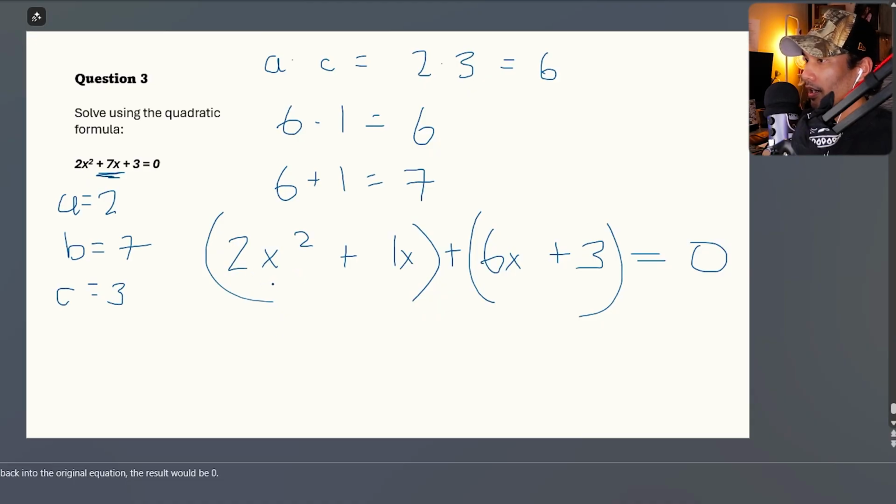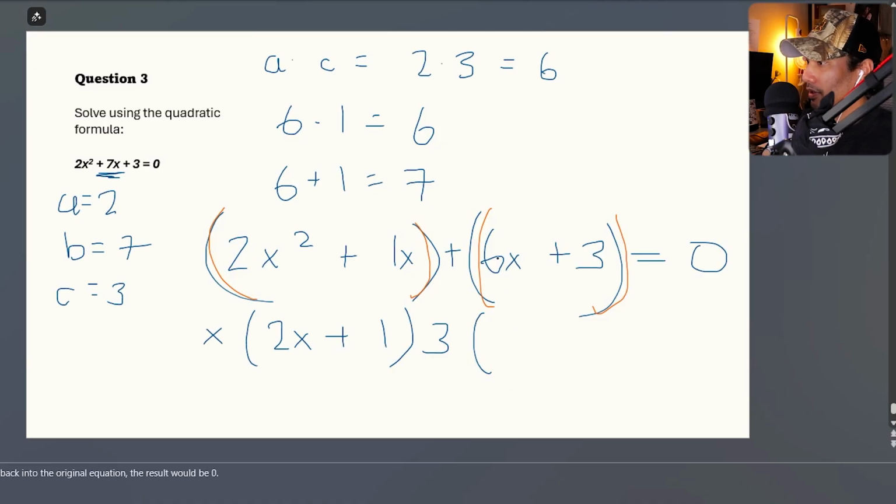So what can be taken out from here? And what can be taken out from here? Over here, x can be taken out, and then we have 2x plus 1. And then what could be taken out from here? It's going to be a 3.